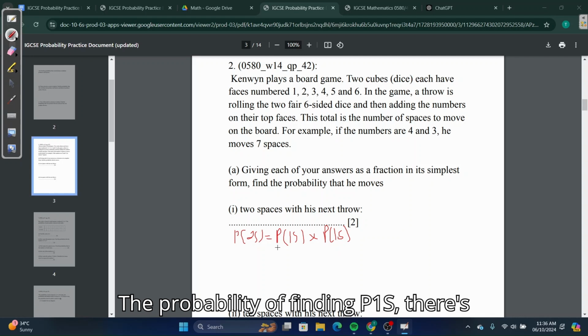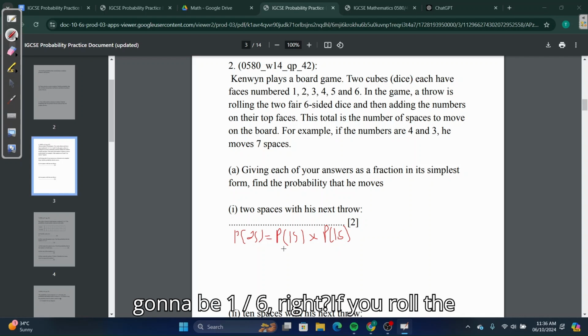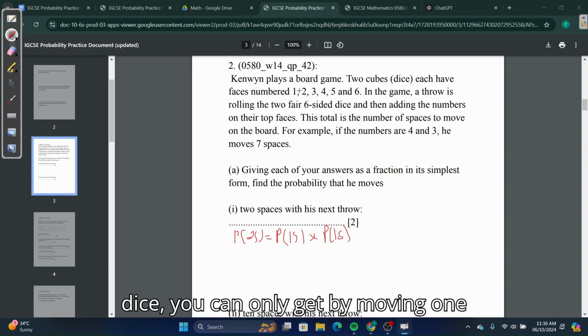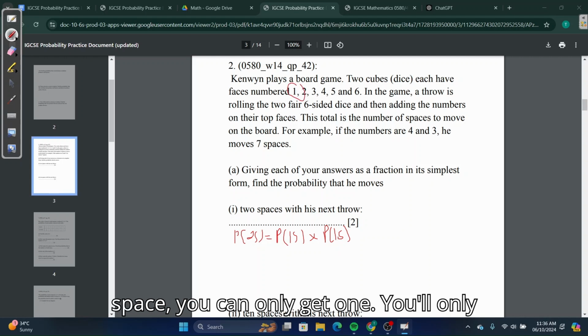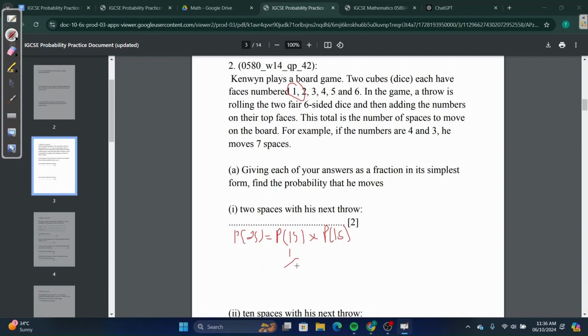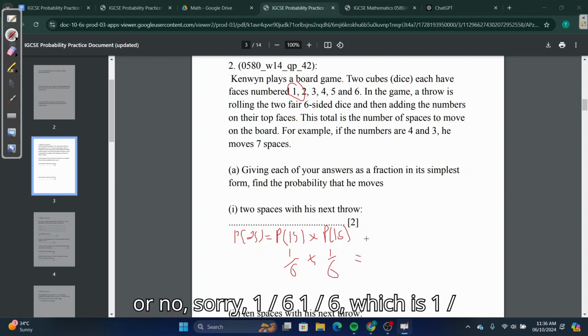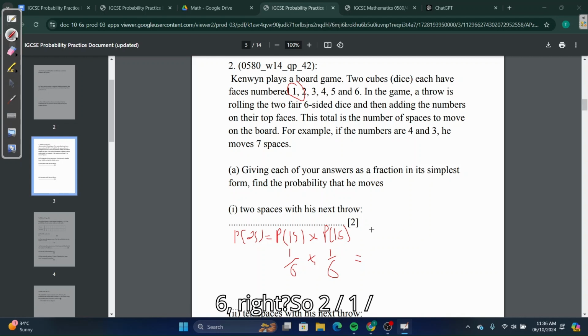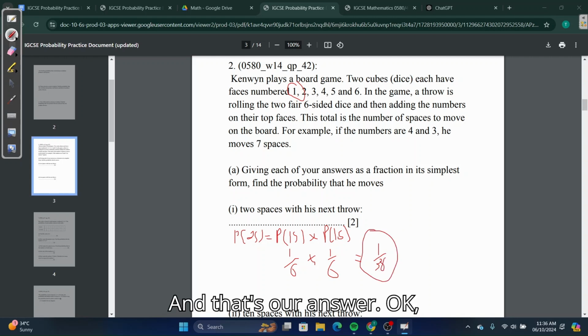The probability of P1S is 1 over 6, right? If you roll the dice, by moving one space, you can only get 1. You'll only roll once. So 1 over 6 times, again, 1 over 6, which is 1 over 6 squared. So 1 over 36, my bad. And that's our answer. Okay.